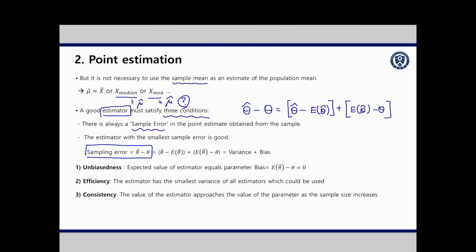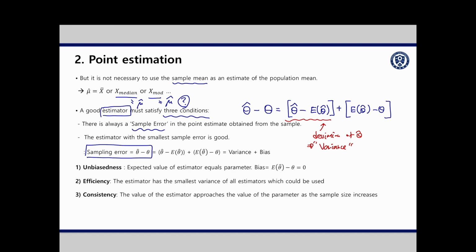The theta hat minus the expected value of theta hat means the deviation of theta hat. It is the variance part.